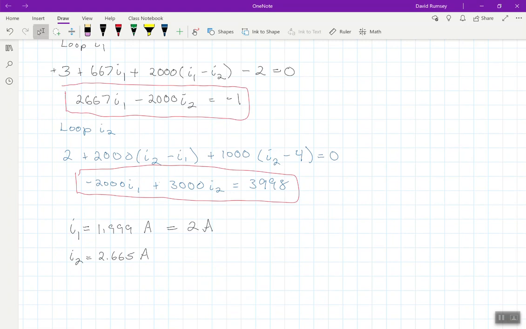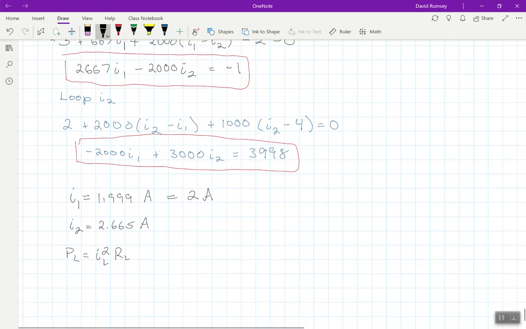So I'm just going to again approximate that as 2 amps, and then we need to know what the power across my load is, which, remember, for resistors you can do I squared times R, and it's the current going through the load, and the current going through the load is of course I1, so we have 2 squared times my load resistor, which is 667 ohms, which if we do that computation, we would get 2.668 kilowatts.